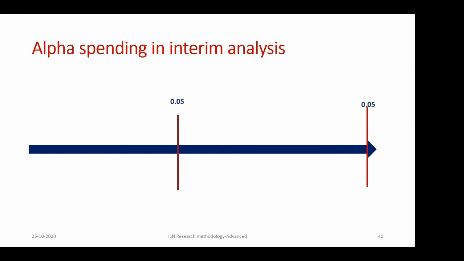If we are doing another analysis, the alpha error keeps on accumulating. So we have to have some consensus on how to spend the alpha error. If we are planning an interim analysis, it should be previously stated how we are going to handle this alpha error. We cannot let the alpha error keep on accumulating, because at the time of the third analysis, your alpha error is no longer 0.05, it might be somewhere around 0.13 or so.